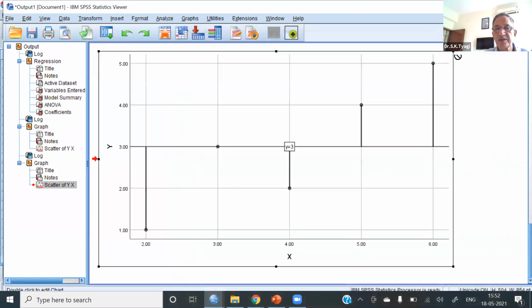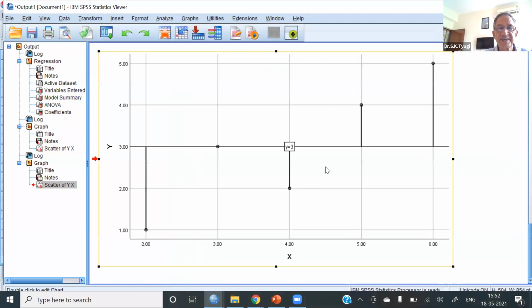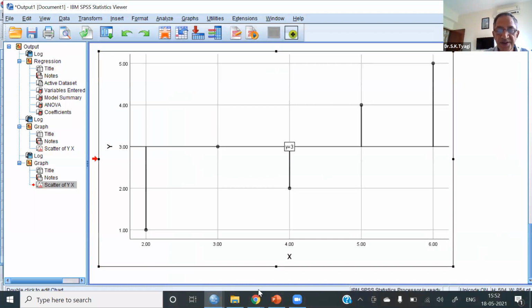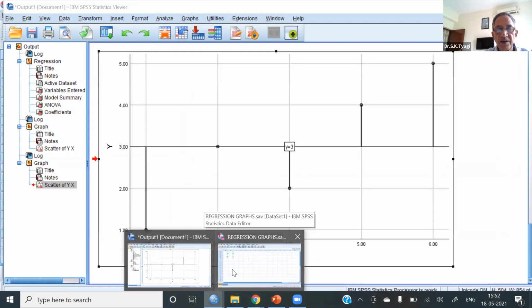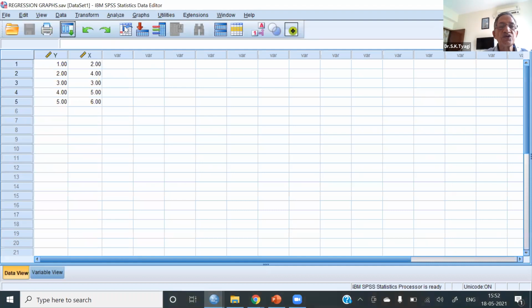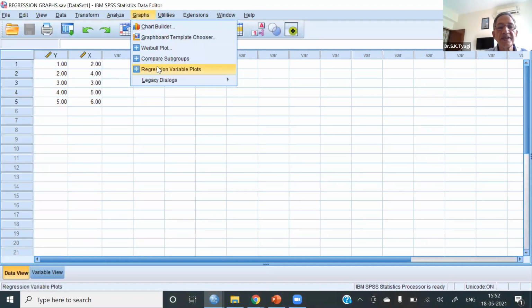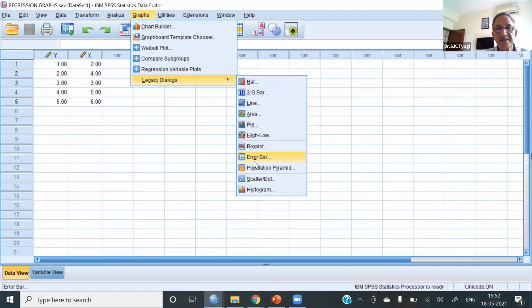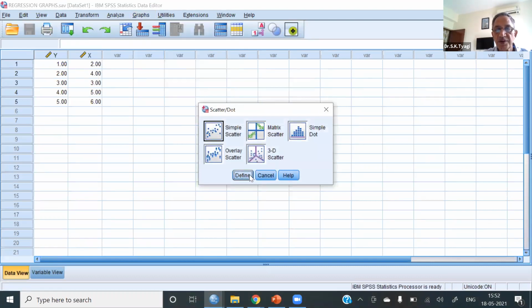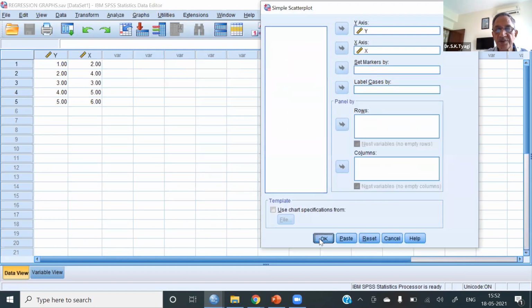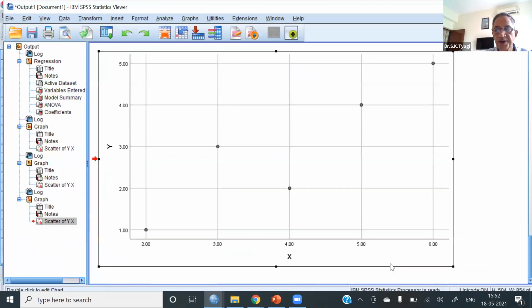So this is how you can appreciate it graphically. Now third is regression. If you want to show SS regression graphically, then once again go to Legacy scatter, define, and you will get the same points.